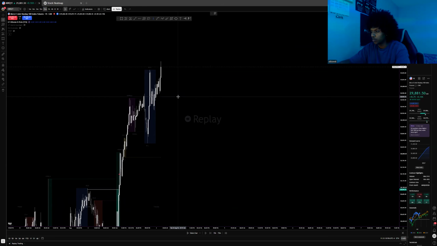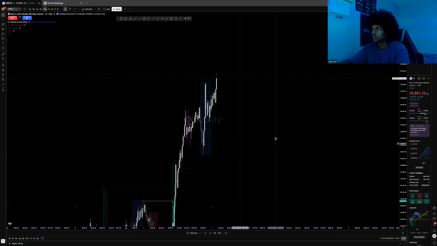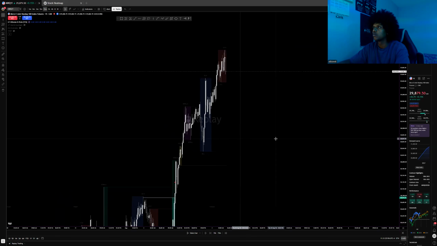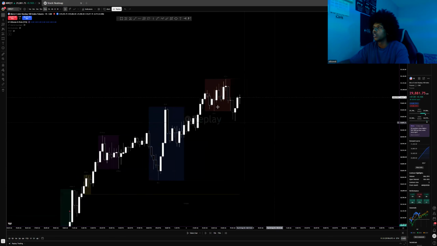Mark this 9:35. There we go, 15-minute inversion. That alone, that's not a 15-minute inversion. We already got a market structure shift. I need to see the price holding this fair value gap, which it didn't.